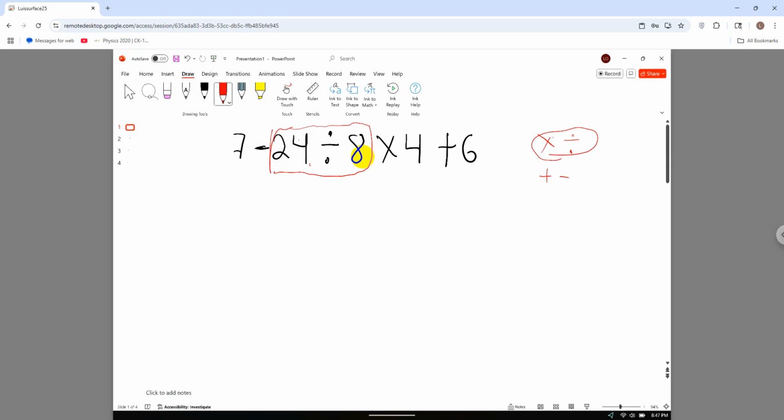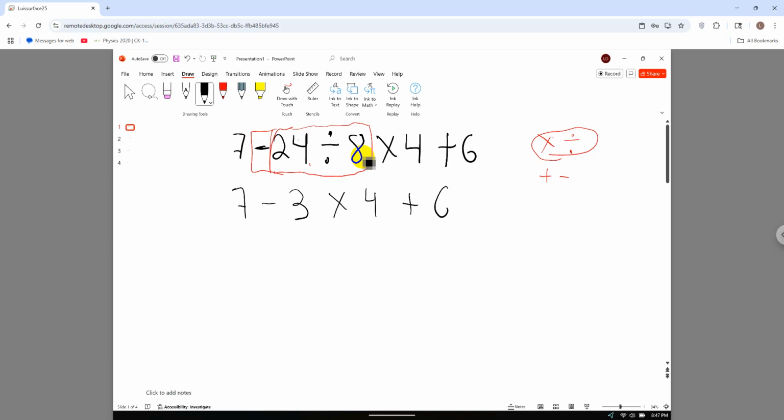Now remember, we can take the symbol here if we want to, but 7 minus this, or we can separate it better to avoid confusion. So this would be 7 minus 24 divided by 8, 3 times 4 plus 6.